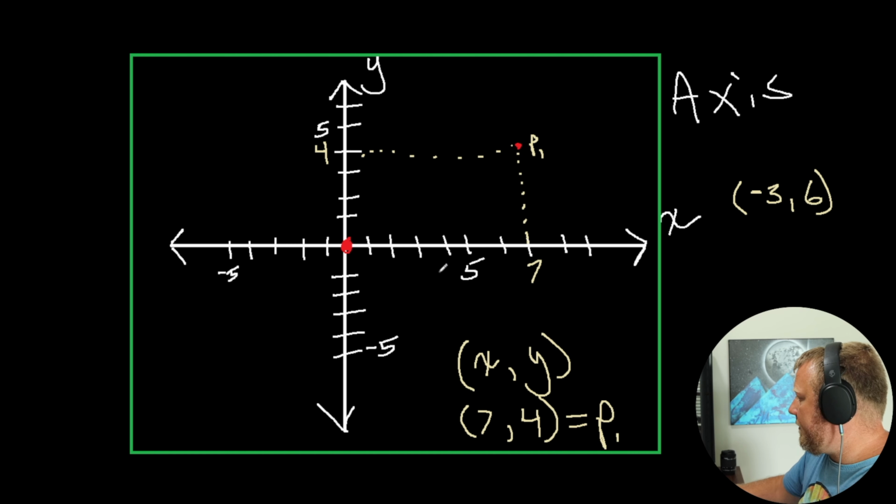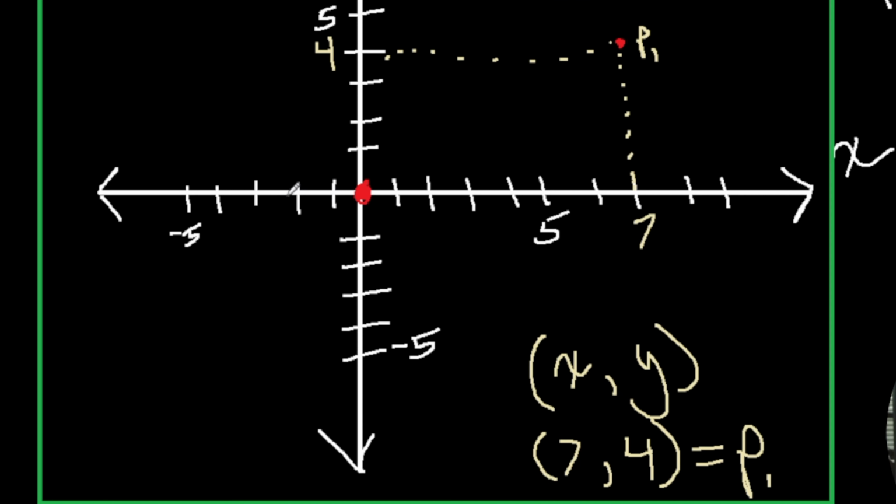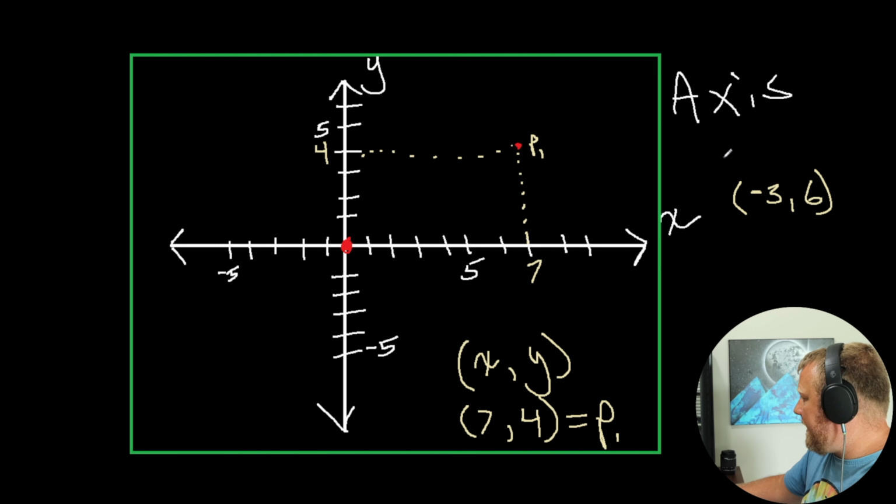So we know -3 is backwards, like to the left, -1, -2, -3. Always start with the x first, because that's the way that I laid it out. I defined it right here. X is first, then y, right? So when I give you something like this, the -3 corresponds to that x, and the 6 corresponds to the y. So -3, -1, -2, -3, and then up 6.